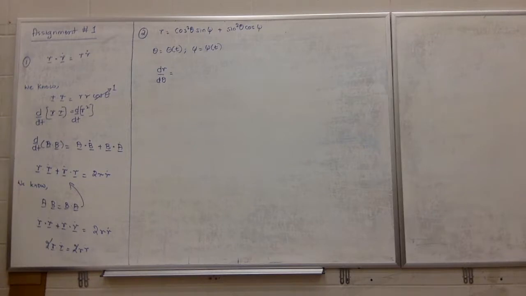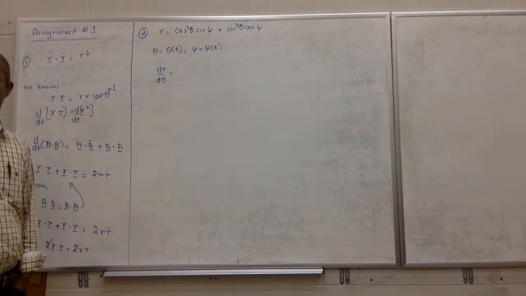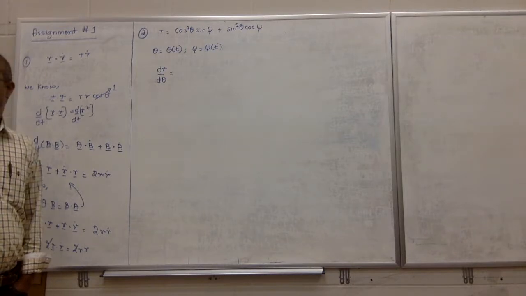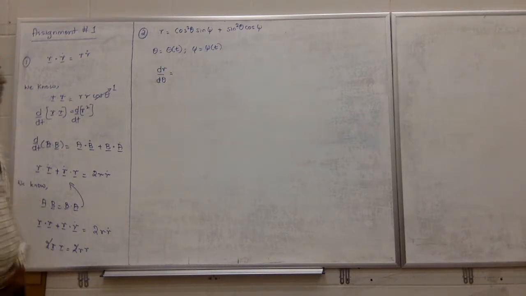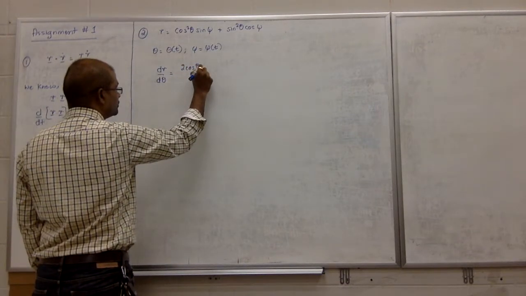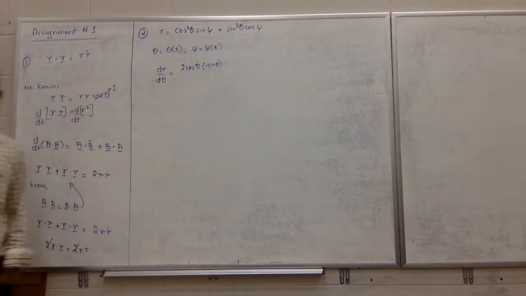Anybody? Yes, it will be chain rule, you are right, no product rule. You understand? It will be 2 cosine theta minus sine theta. No theta at all.